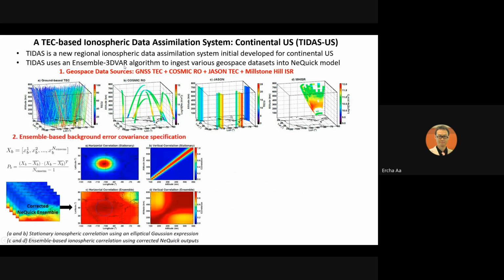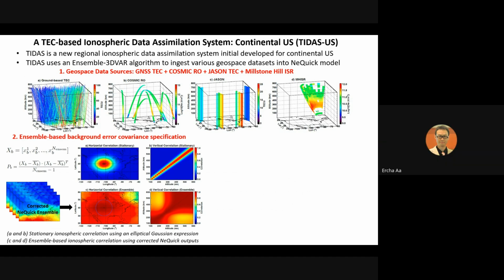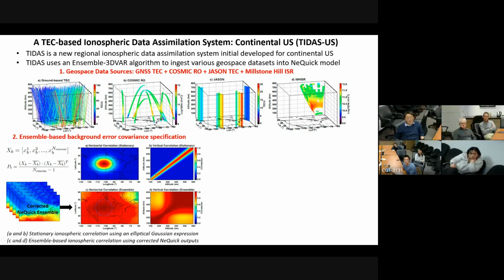Hi, Chad, I have a question here. Please. Yeah, so there are different data sources for TEC. What are the essential differences? For example, I seem to recall that Jason has a different altitude than the GPS TEC. Is that right? Considering the measuring points, will that have any influence on the results?